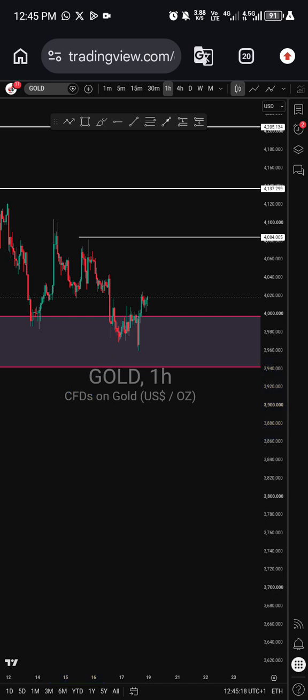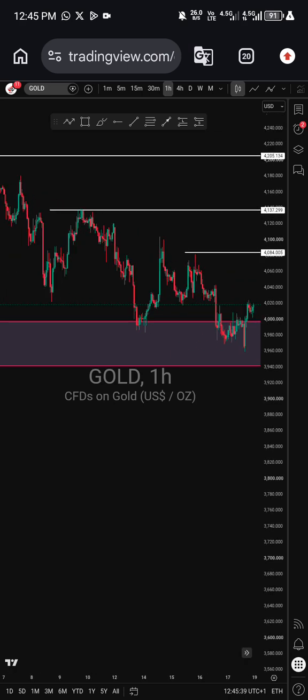In a downtrend movement, the corrections will be creating an uptrend, while in an uptrend movement, the correction will be creating downtrends. You understand?